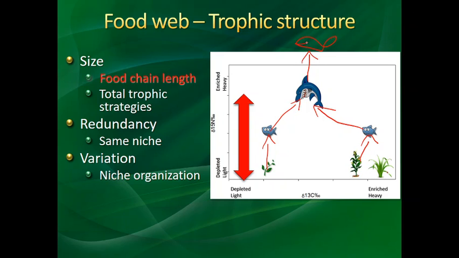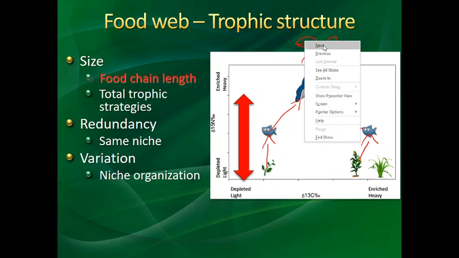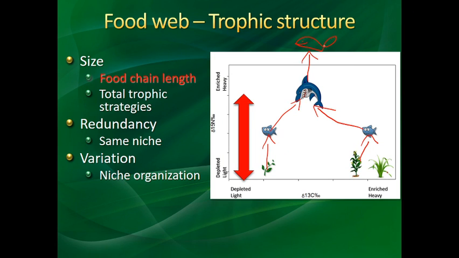Oops, that's the worst looking fish ever. But yeah, let's just pretend that's a fish. Anyway, the nitrogen range we would expect to be higher then. So we can get an idea of total food chain length or maximum trophic position based on the range in that nitrogen value.